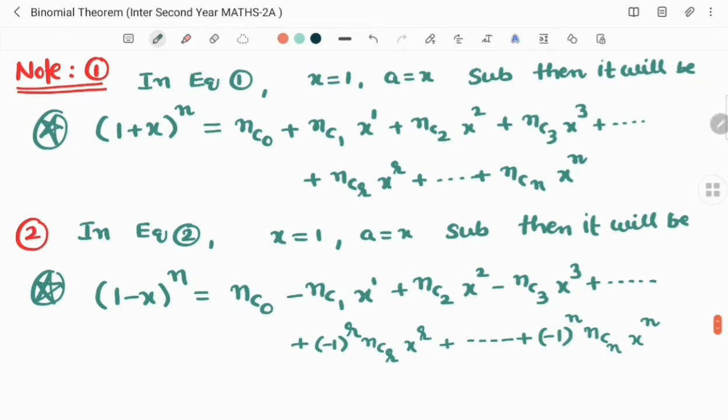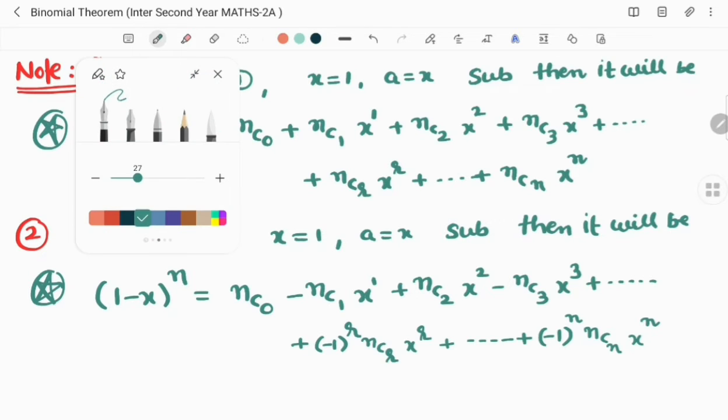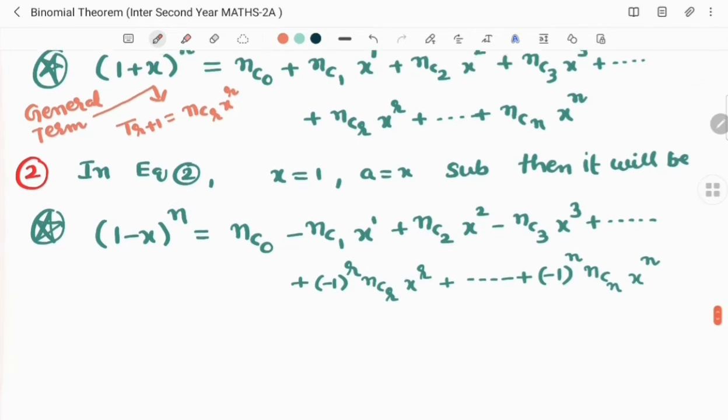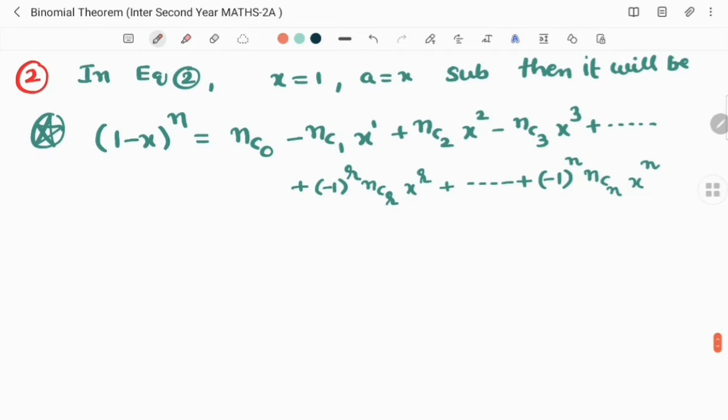In this expansion 1 plus x whole power n, what is the general term? Generally you will get an idea. The general term of this expansion is T(r plus 1) is equal to nCr x power r. Suppose in this expansion 1 minus x whole power n, what is the general term?